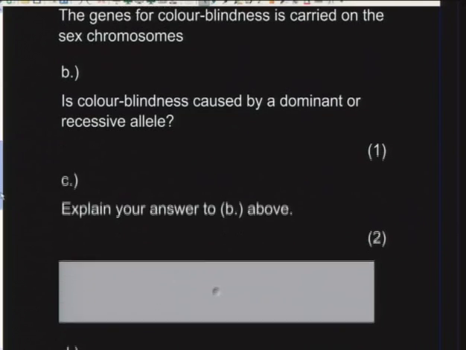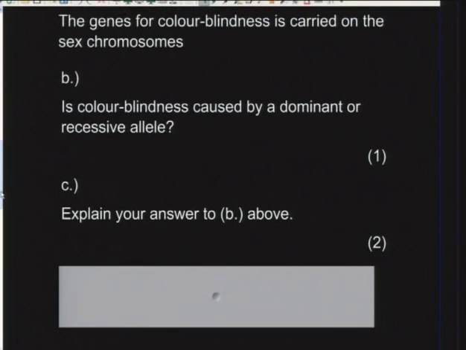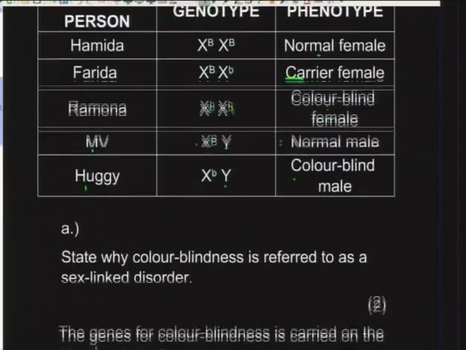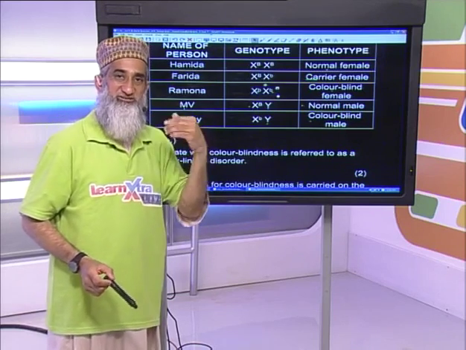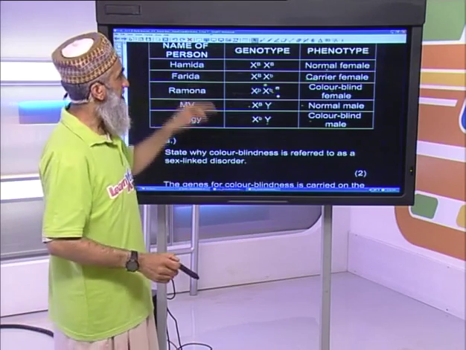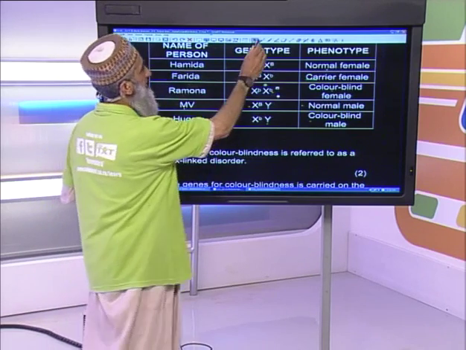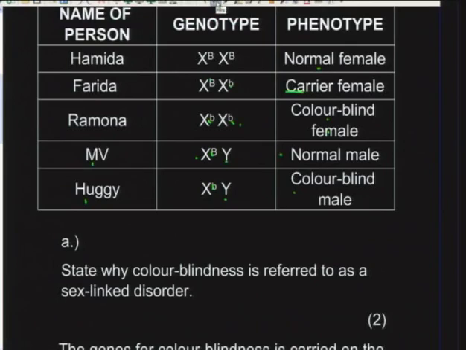Is color blindness caused by a dominant or recessive allele? Explain your answer. Let's go back. Look at the letters that we use. X capital B, normal female. X small b, color blind. So the minute we use a capital or uppercase letter, it indicates dominance in genetics, and when we use a lowercase letter, we indicate recessiveness.